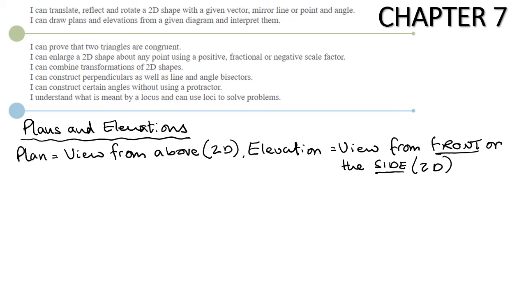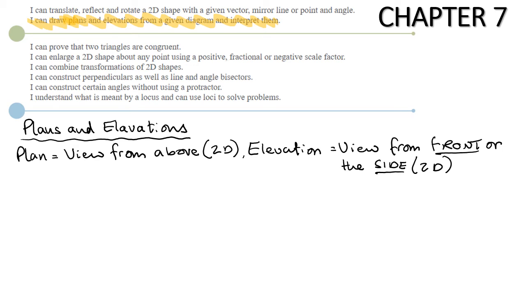You need to be able to take a shape, work out what its plan and elevation are, and from the plan and elevation work out what the 3D shape is and be able to sketch it. Okay, so that means we've now done this section here.